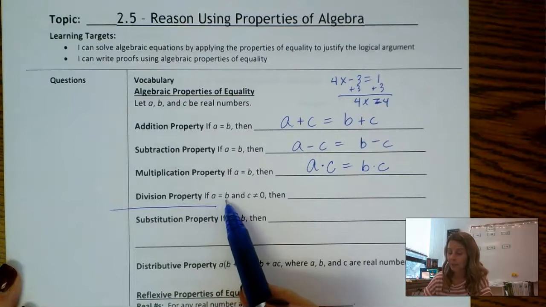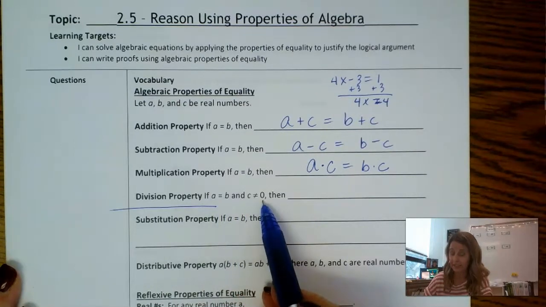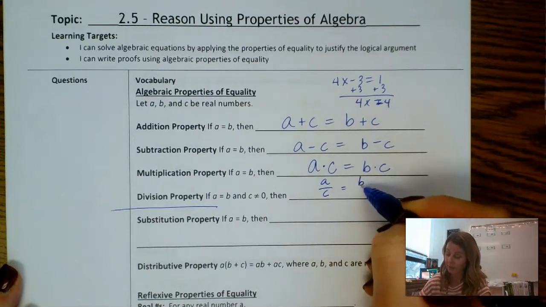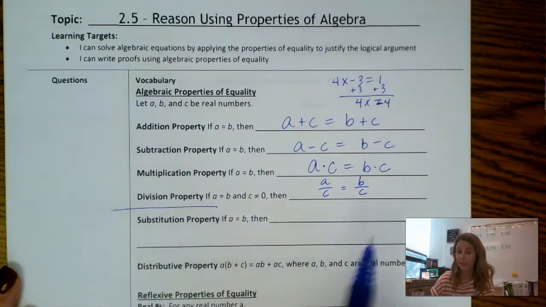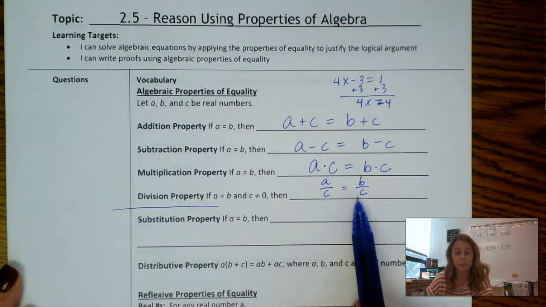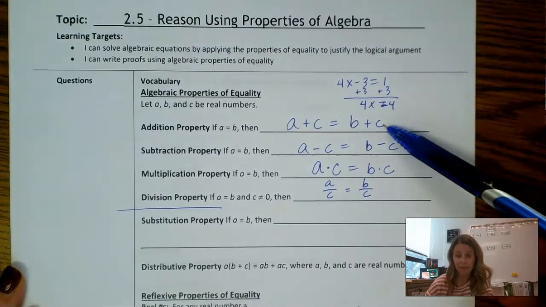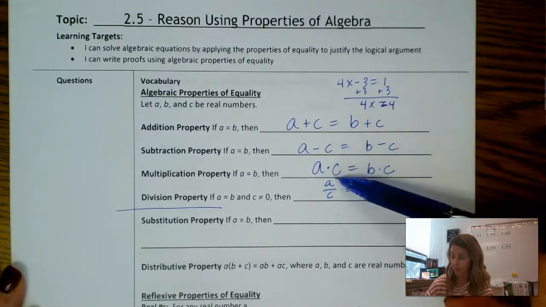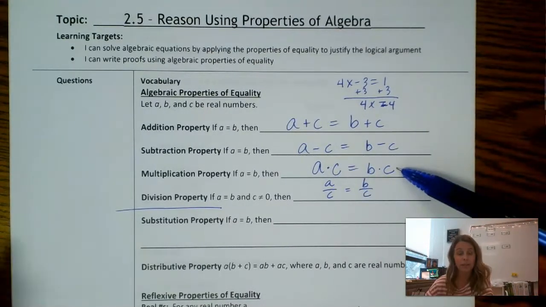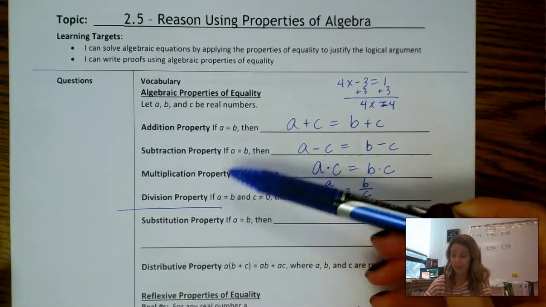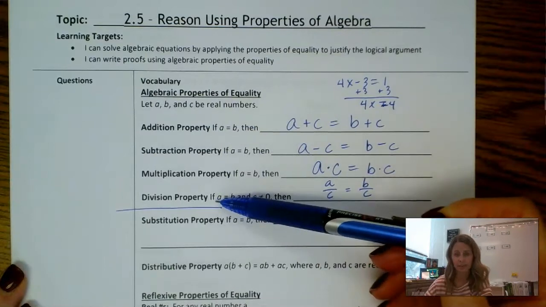If A equals B and we don't let C equal 0, then A divided by C is equal to B divided by C. So of course I can't have that C equal to 0, otherwise we cannot divide. So when you do the same thing to both sides, you have kept the equation in balance or equal. So these are all properties of equality. Okay, so we did these a little in Algebra 1 last year.